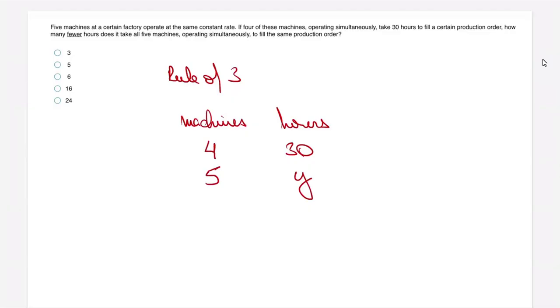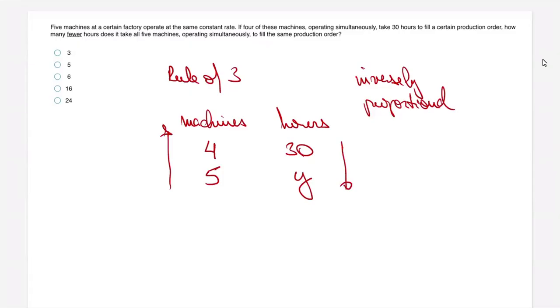But if you cross multiply here, it is wrong. Why? Because they are not directly proportional. They are inversely proportional. So more machines, less time.